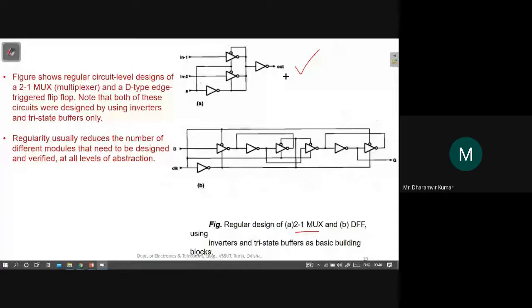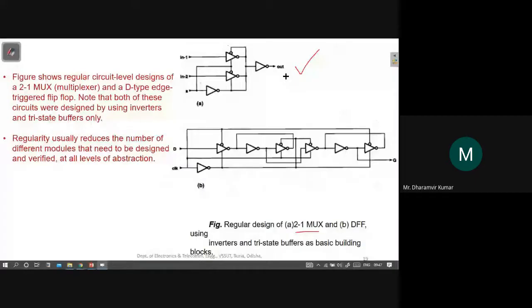You might have seen earlier the circuit of a simple 2-to-1 multiplexer, and we know that a 2-to-1 multiplexer circuit can be designed with the help of AND gate, OR gate, and inverters. So a total of three types of gate would be used basically to design a simple two-to-one multiplexer.